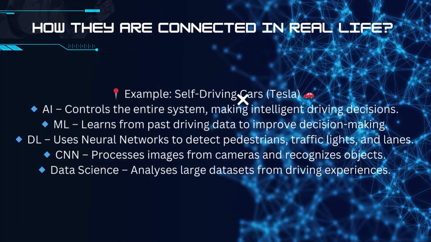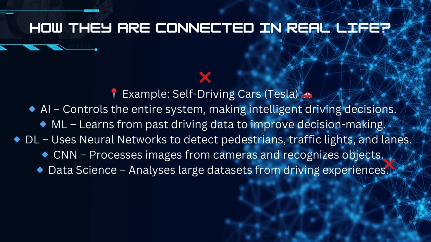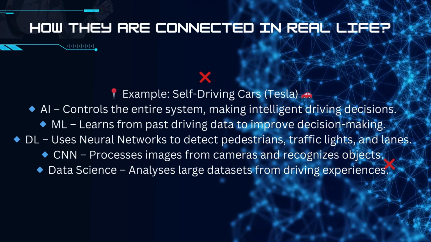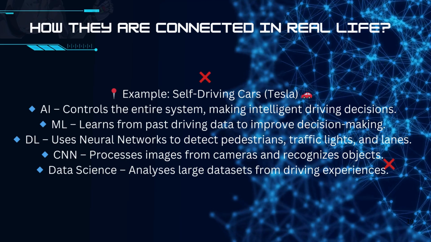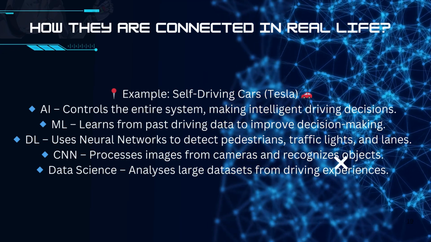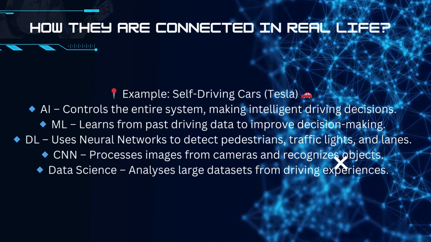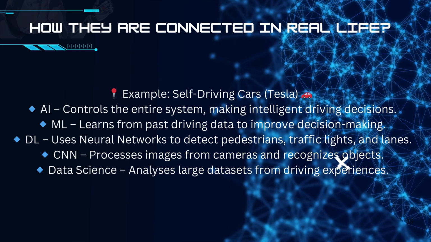Let's take the example of self-driving cars. Here, AI makes the intelligent driving decisions, like it controls the entire system. Machine learning learns from past driving data to improve decision making.